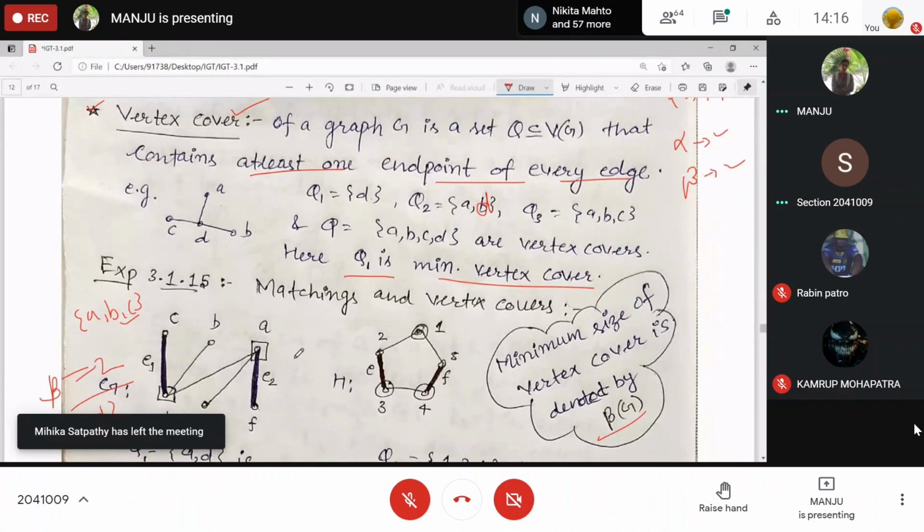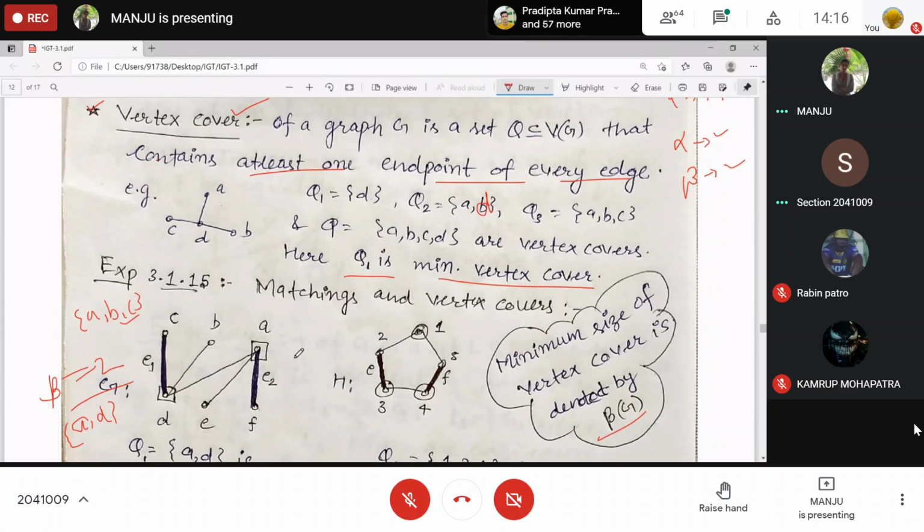Does that exist? Any three edges which are independent?